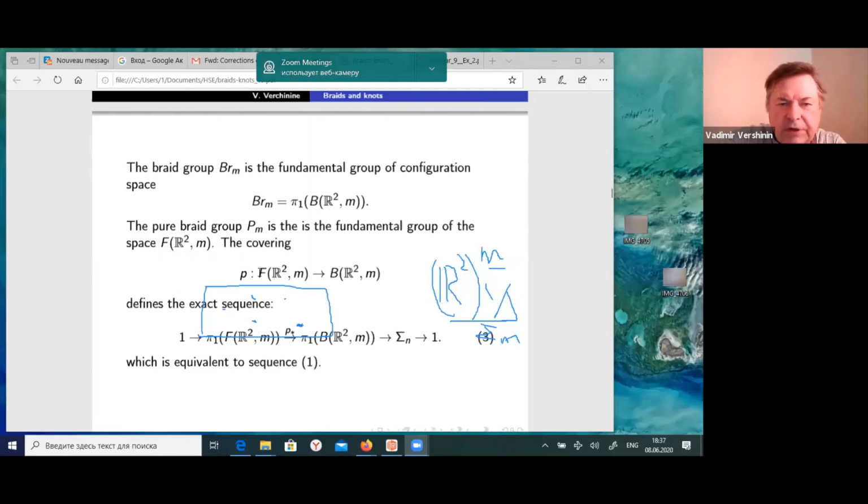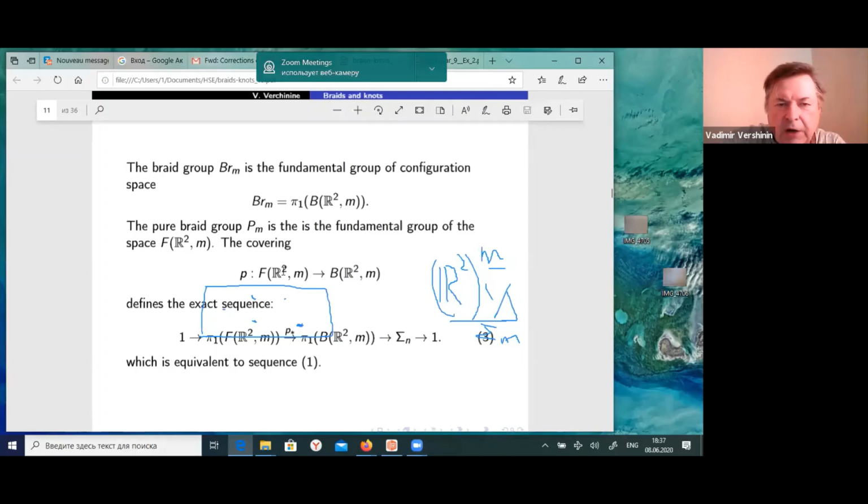And if you now consider ordered configuration space, this is just R2 to the power n minus the diagonal, then you have a map from here to here.